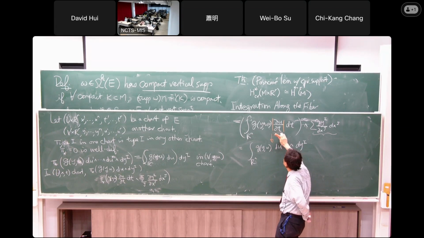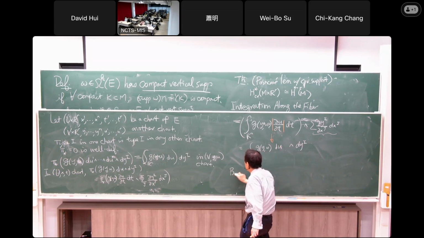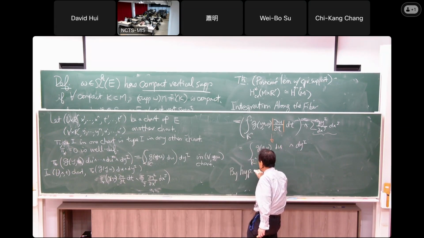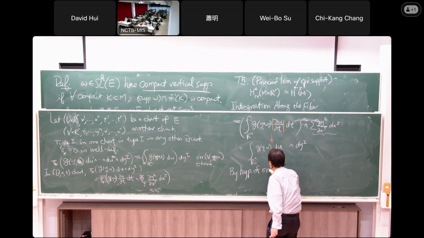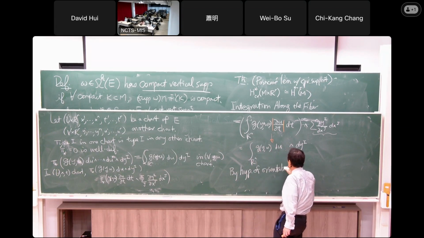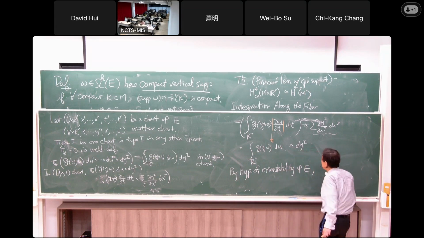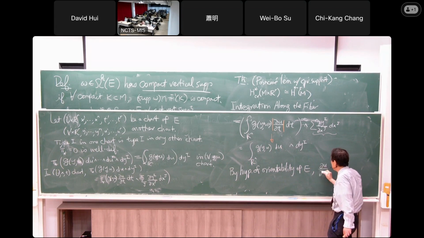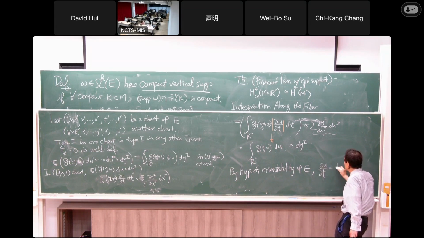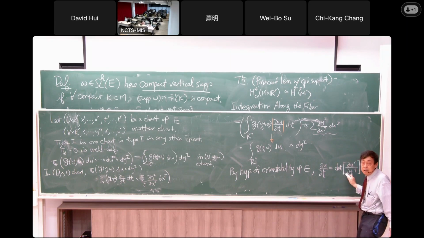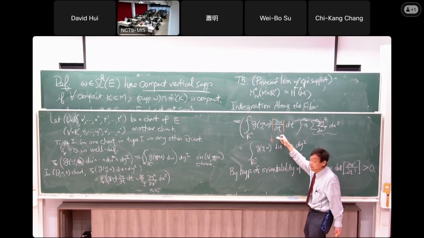And so by the hypothesis of orientability of E, du/dt, the determinant of du_i over dt_j, is positive. And that's why you can put the absolute value sign there.